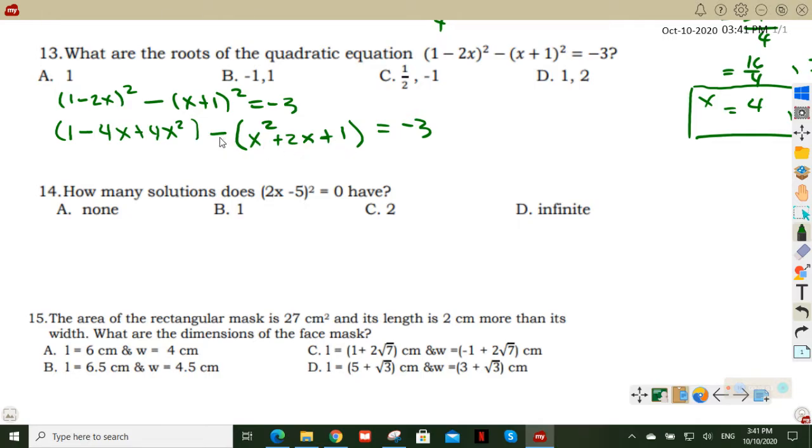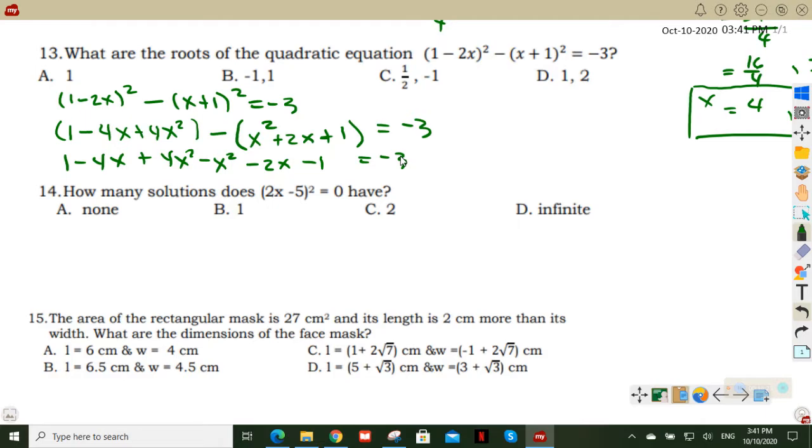That means this negative is good for all. Okay, so I have 1 minus 4x plus 4x squared. So negative times x squared is negative x squared. Negative times positive 2x is negative 2x. Negative times positive 1 is negative 1, equal to negative 3.